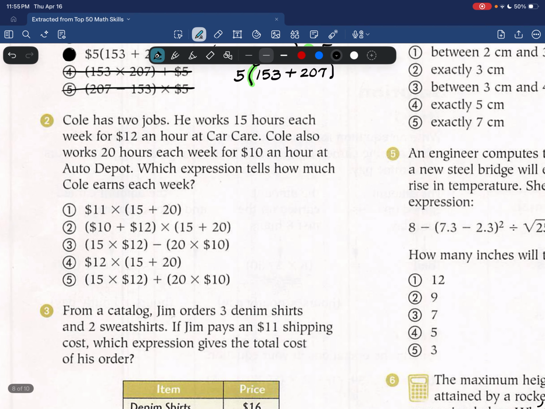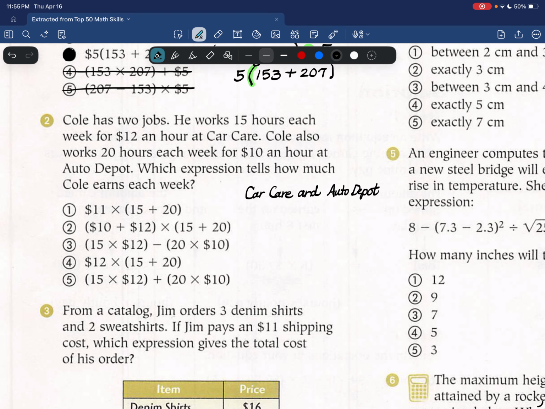Cole has 2 jobs. He works 15 hours each week for $12 an hour at car care. So I'm going to say car care. And 20 hours each week for $10 an hour at Auto Depot.